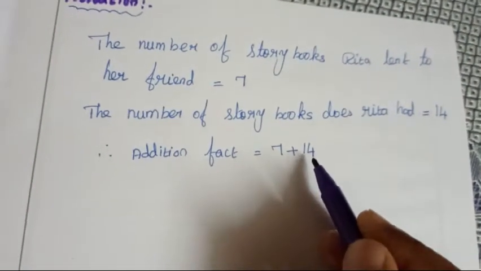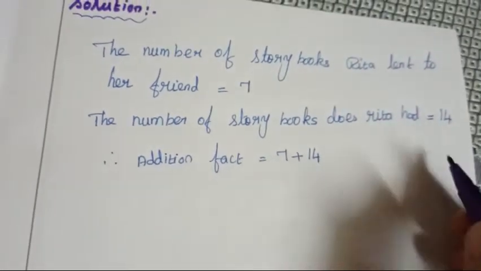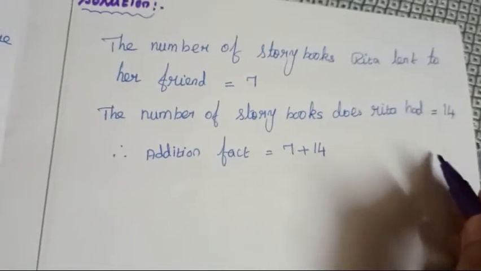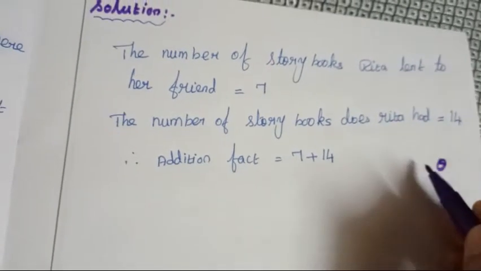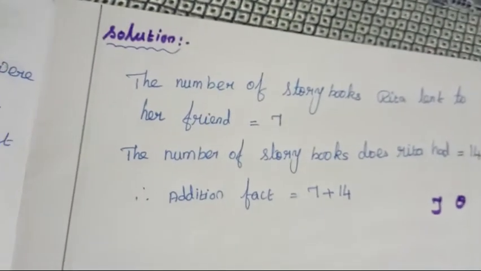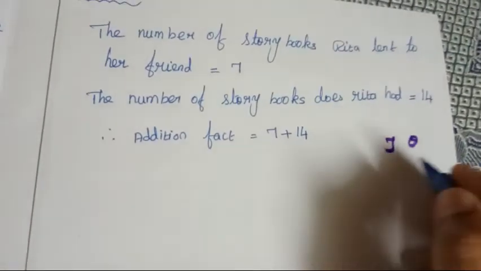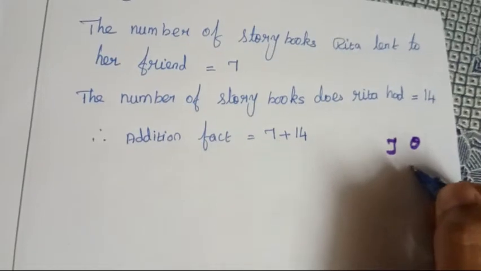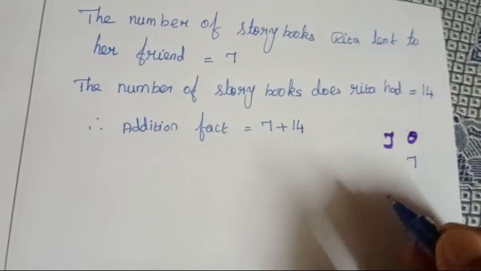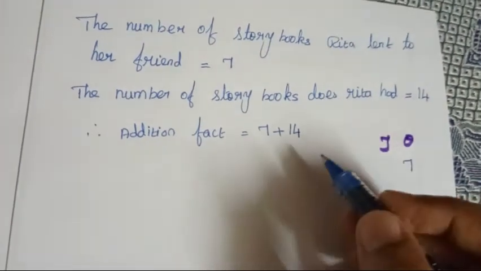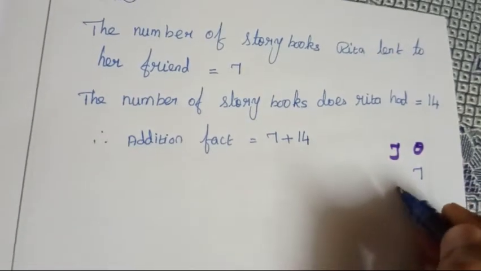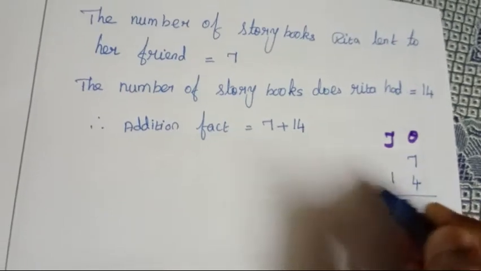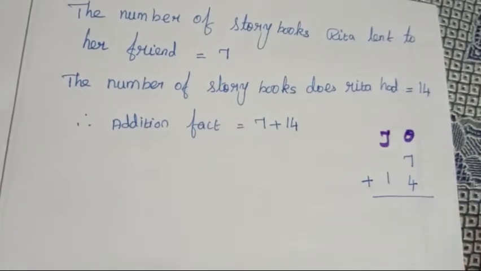Here the greatest number is a 2-digit number, and 2-digit numbers have two values, ones and tens. Now write the numbers one below the other according to their place values. For the number 7, only the ones value is here, isn't it? And 14 is 1 tens and 4 ones. Now you have to add these two numbers.